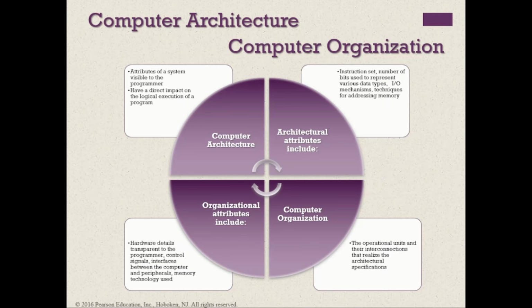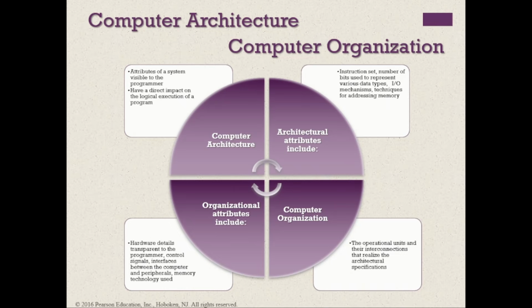So we can actually associate architecture attributes, or computer architecture, with software. Organizational attributes include those hardware details transparent to the programmer, such as control signals, interfaces between the computer and peripherals, and the memory technology used. So obviously, organizational attributes are more on the side of the hardware.